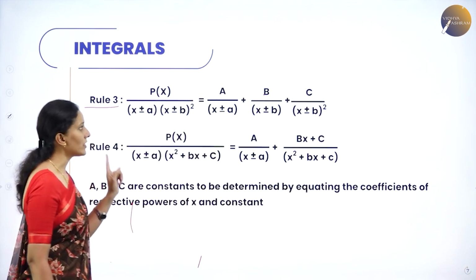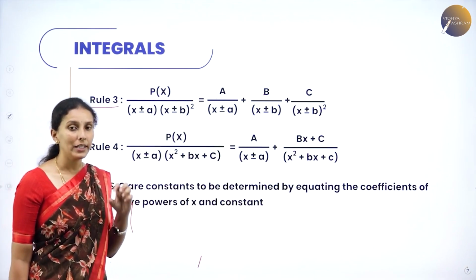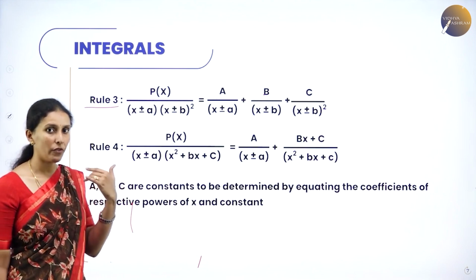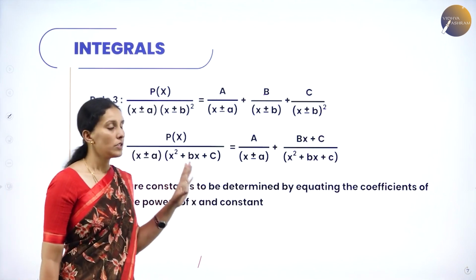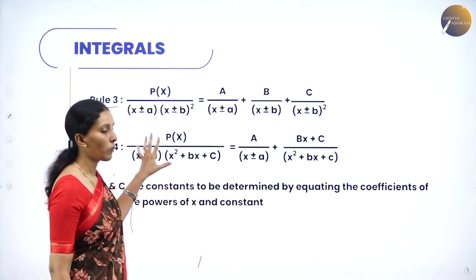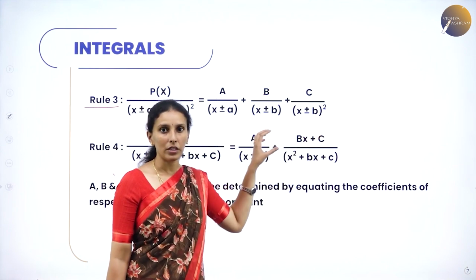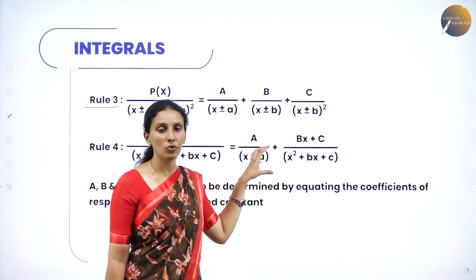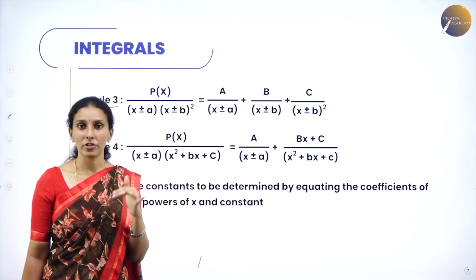All these constants in the numerator are determined by equating the coefficients of x. Sometimes we may get x square, sometimes x, or sometimes a constant. So writing these proper fractions as a sum or difference of two or more simple fractions is nothing but the method of partial fractions.